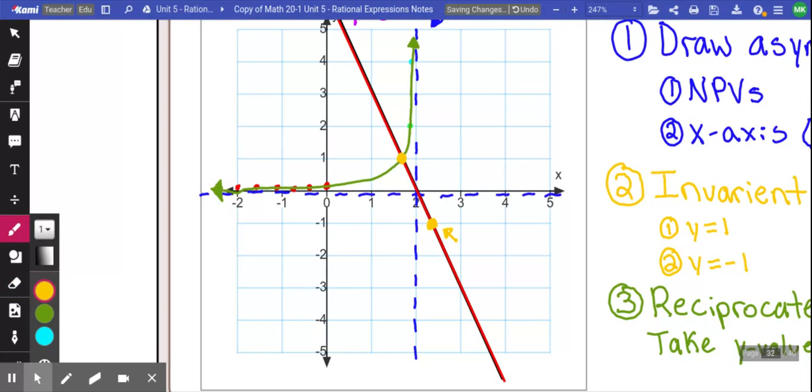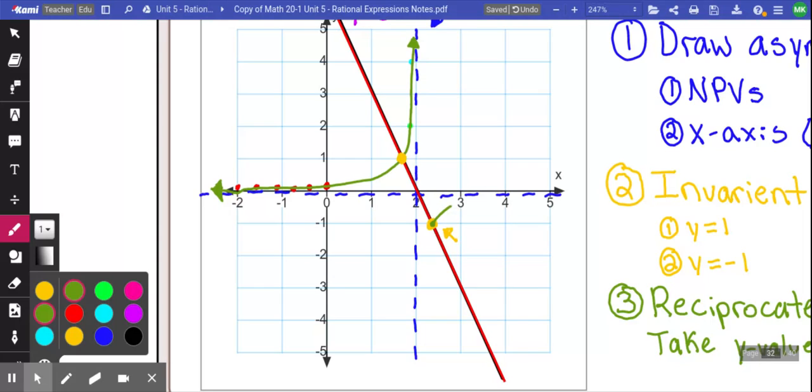That's my invariant point. You are going to put your pencil on that invariant point, and start to draw a line towards one of your asymptotes. It doesn't matter which one you go towards. I'm going to go up first, towards this asymptote.